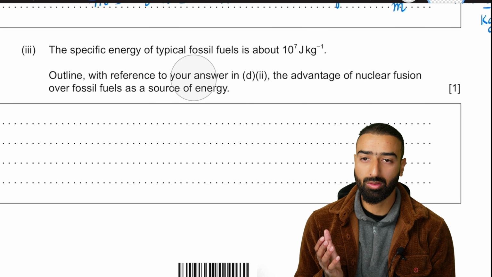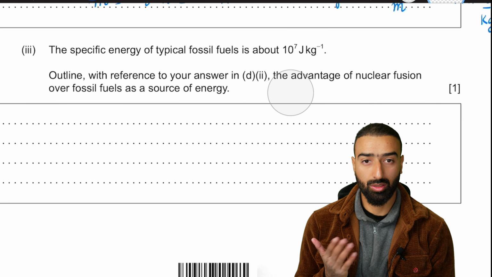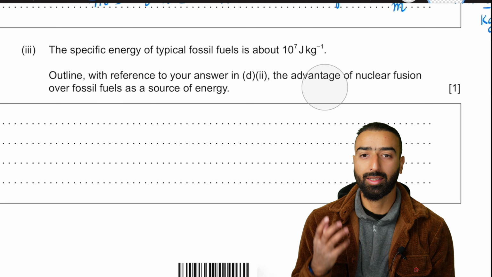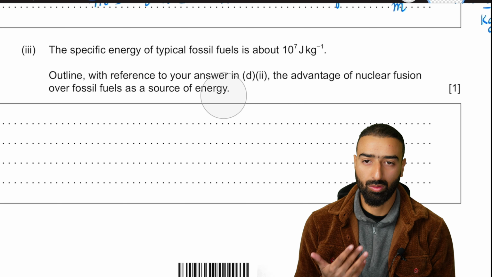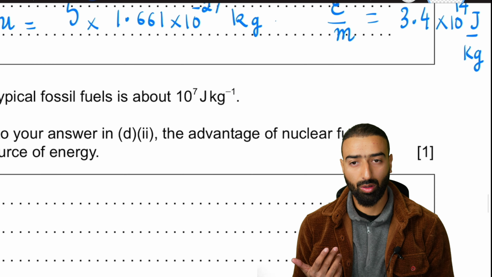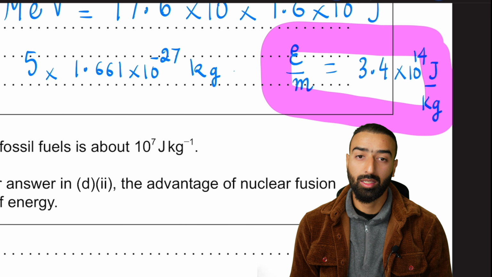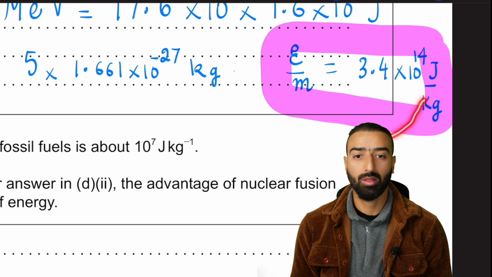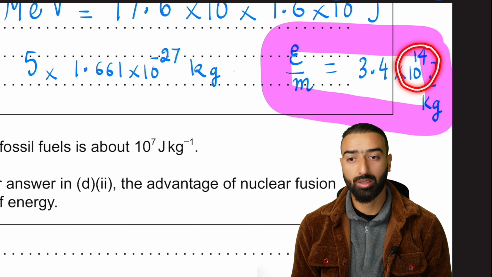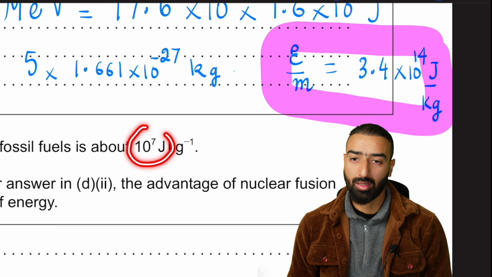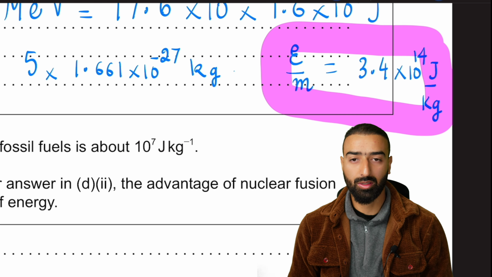Outline, with reference to the answer in D2, that's just the question we solved, the advantage of using nuclear fusion over fossil fuels as a source of energy. It's straightforward from this answer here. Each kilogram of nuclear fuel gives us about 10 to the 14 joules, while traditional fossil fuels give us about 10 to the 7 joules.